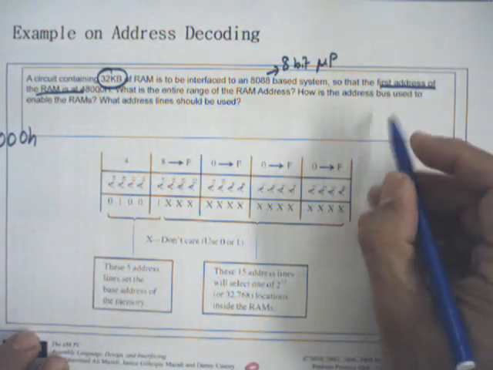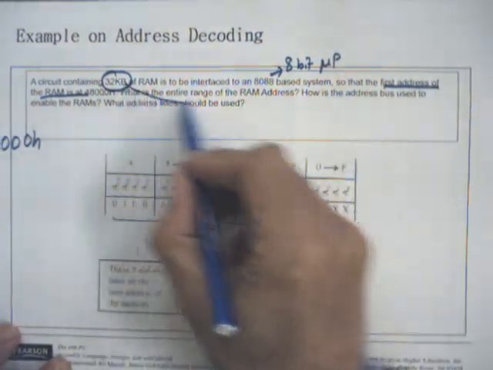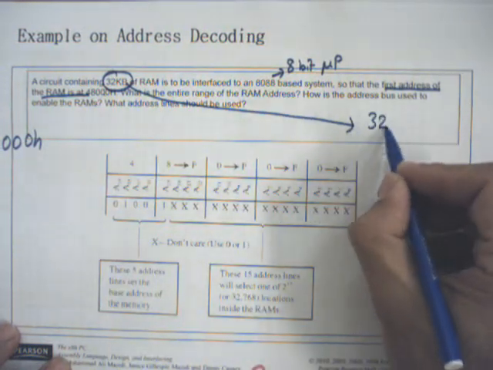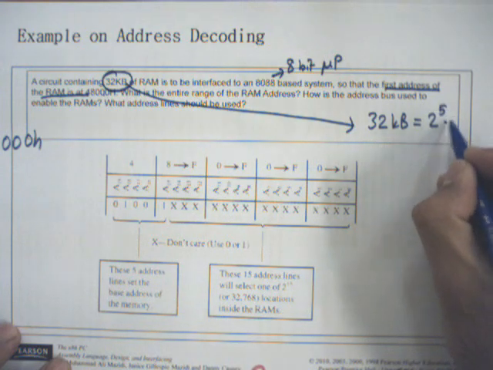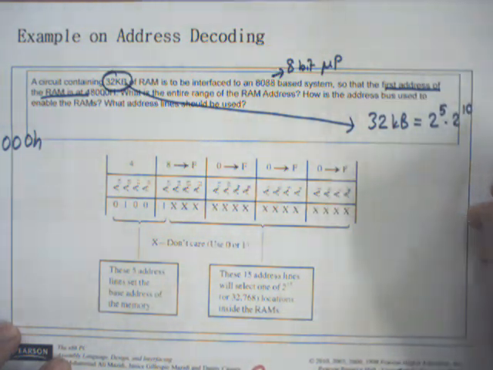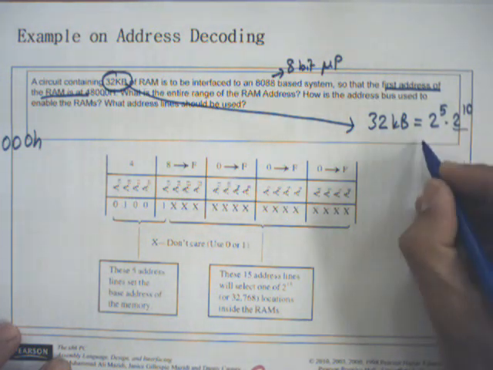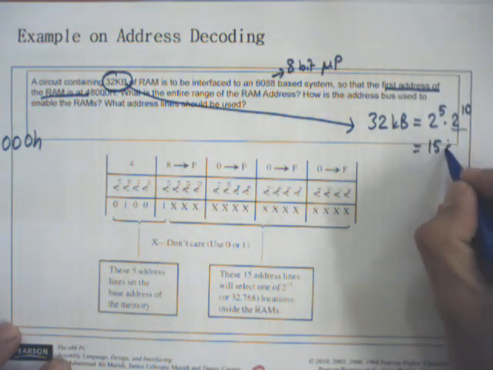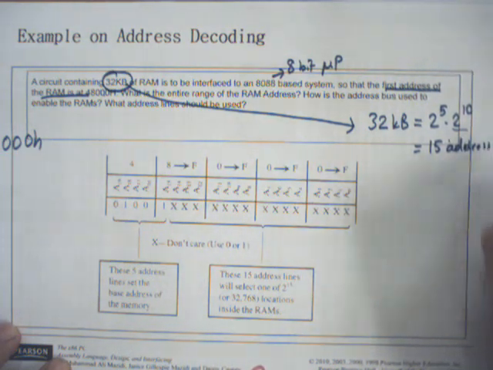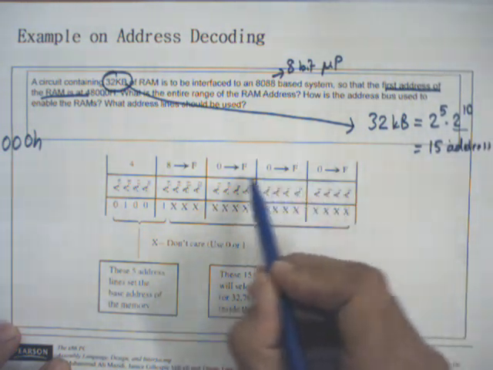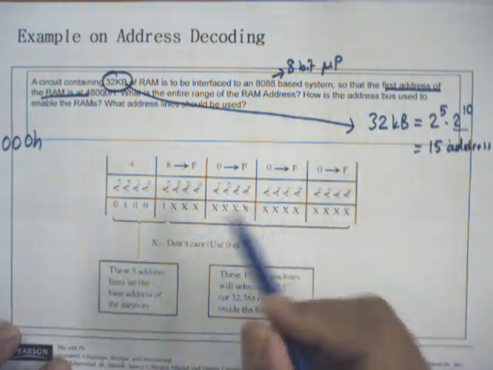32 kilobytes means I have 2 to the 5 times 2 to the 10 locations. So this is kilo, this is 32. So we need 15 address pins to address. So let's check the solution. Do we have 15?